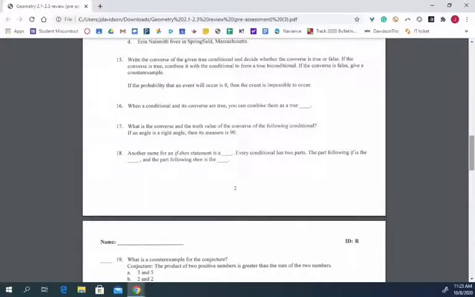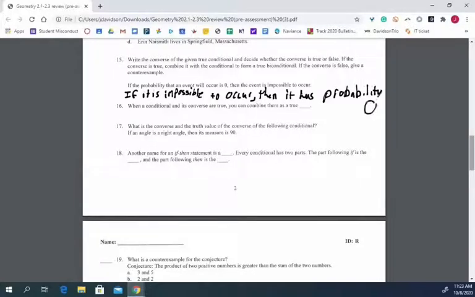So if you write the converse, if it is impossible to occur, then it has probability 0.